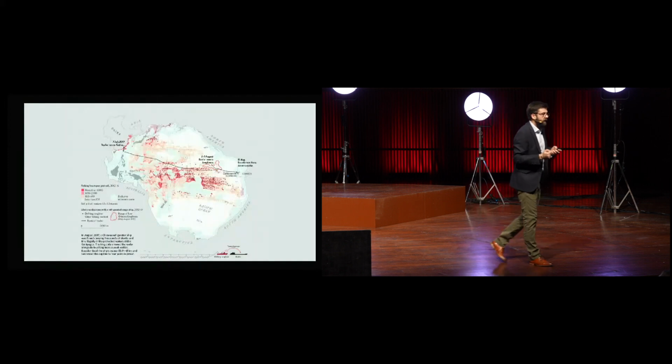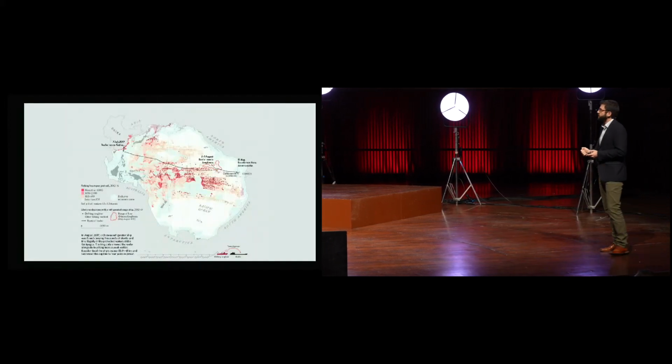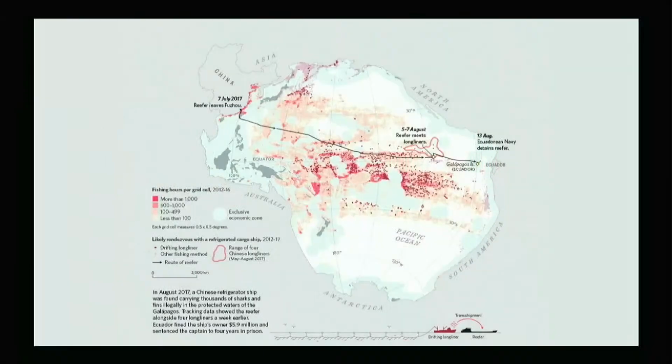And so we can apply that technology in other ways to monitor the health of our oceans, for example. And so this is the Pacific Ocean. We've got China, North America, South America, Antarctica, and Australia around the edge, so it's a slightly different view of the ocean here. And the red colors show the intensity of the fishing that's taking place in that ocean.